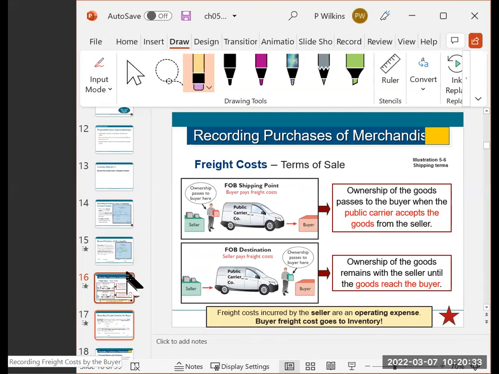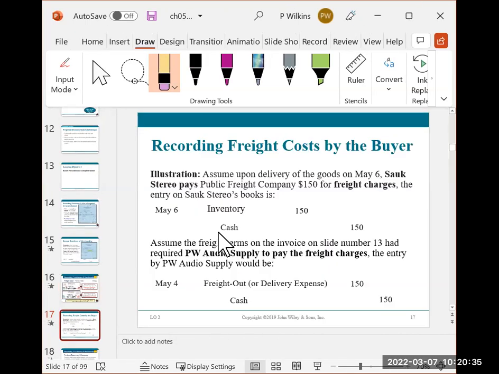All right. Okay, so we're going to look at 2 more entries here. Assume upon delivery of goods on May 6th, Sox Stereo pays Public Freight Company $150 for freight charges. The entry on Sox Stereo's books is, so who are we? We're Sox Stereo. Who's Sox Stereo? They are the buyer, okay?